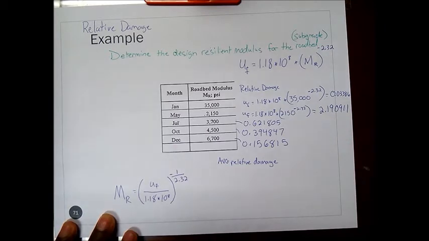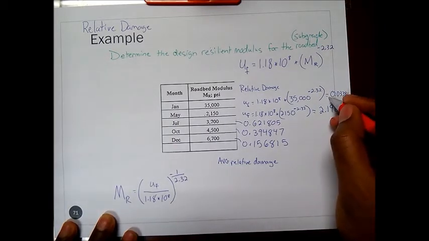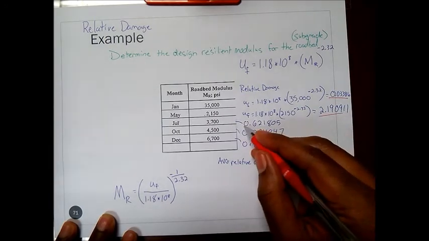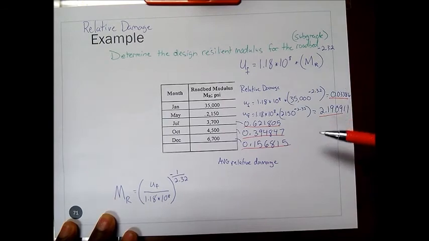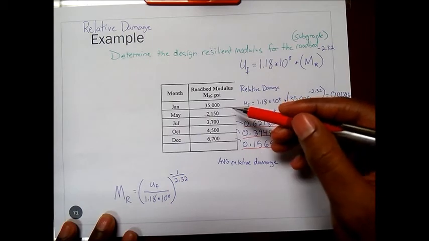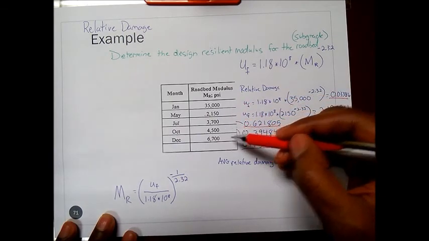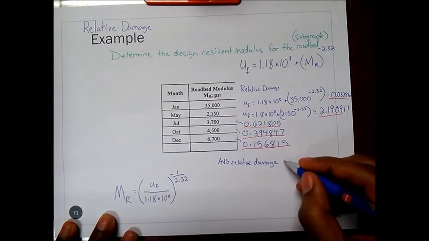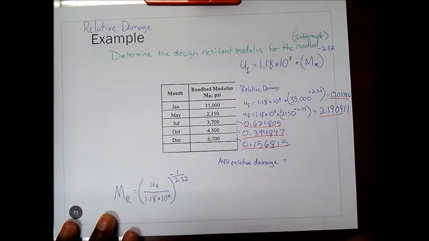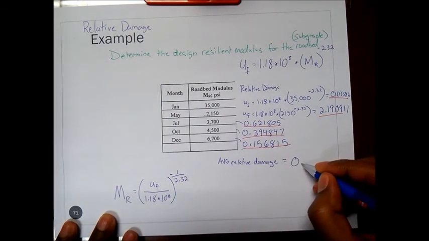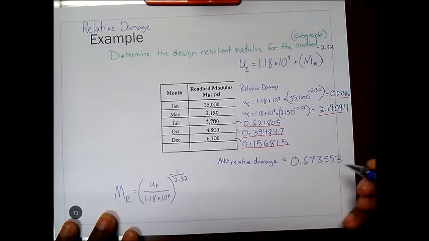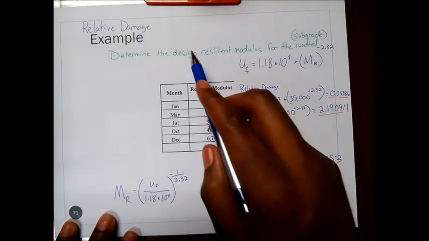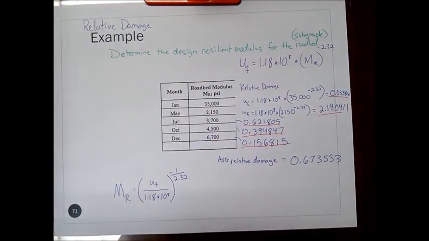So I am going to add this to this to this to this to this, and I will divide not by 12 like we did in the other example, but by 5. By dividing by 5, of course, I'll get my average relative damage, which I've already found to be 0.673553.